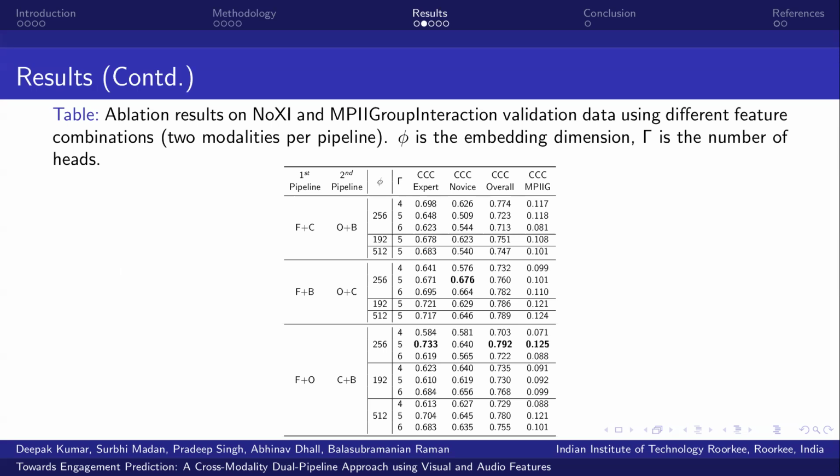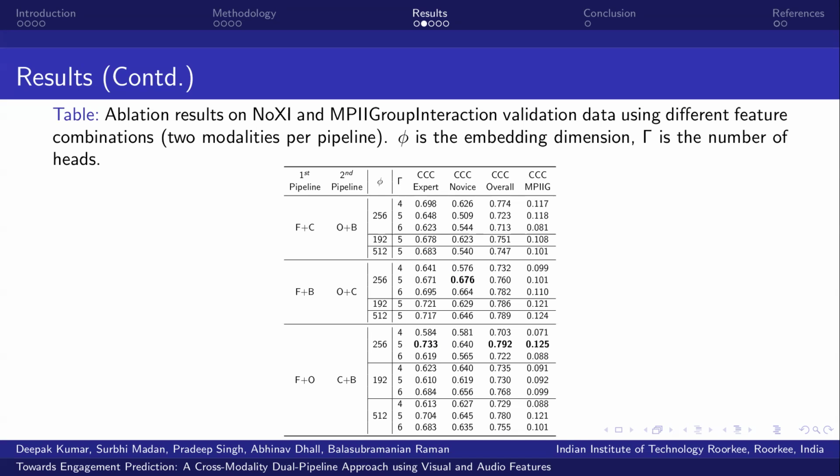In this table, the highest CCC score is 0.79, which is achieved with facial motion features with OpenSmile in the first pipeline and CLIP with BERT in the second pipeline. Our dual pipeline model uses a transformer encoder for self attention and multi-head attention, followed by cross-modality fusion to capture the specific pattern.